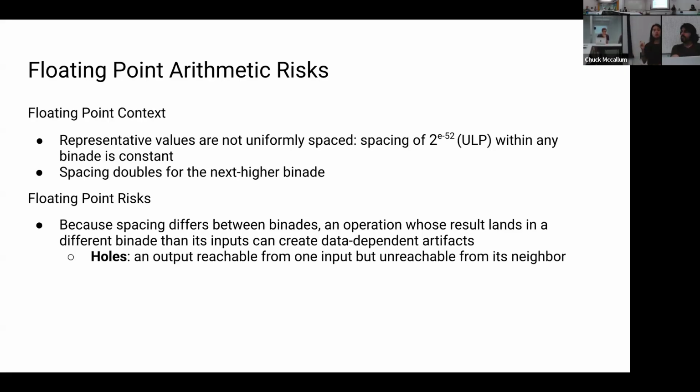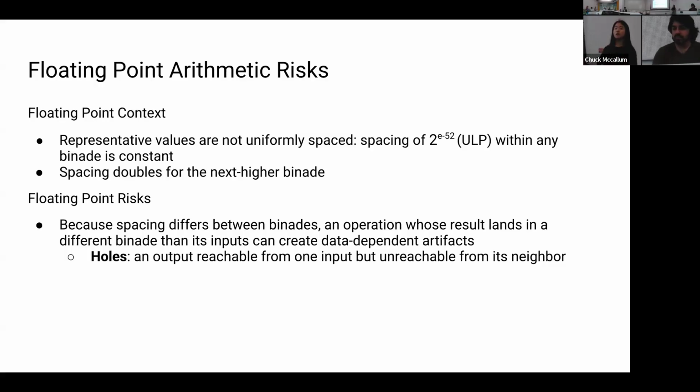The spacing, which is based on the last mantissa bit, or the unit of last precision, within any binade, so any consecutive power of 2, is constant, but when you move up to higher consecutive binades, the spacing actually doubles. Because that spacing differs between these binades, if you do any floating point operation whose output lands on a different binade than its input, this can create some data-dependent artifacts as a result.